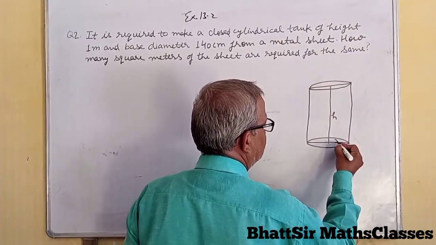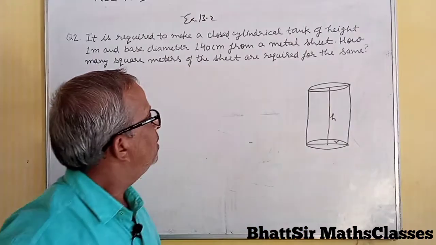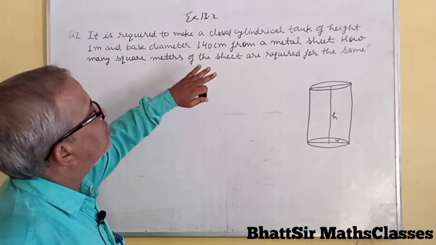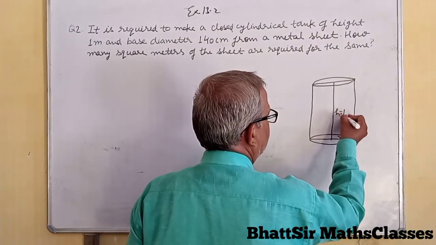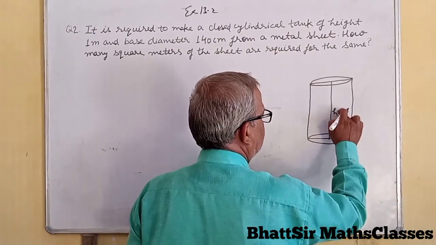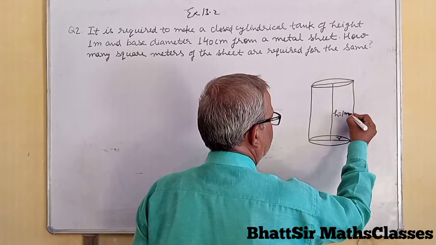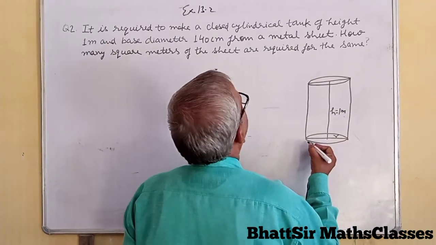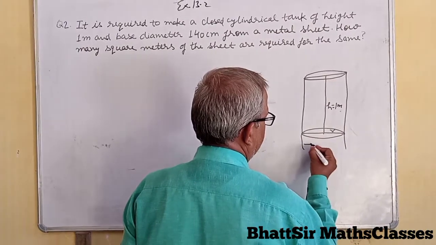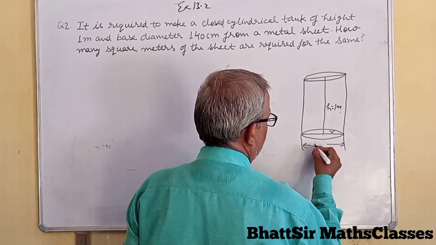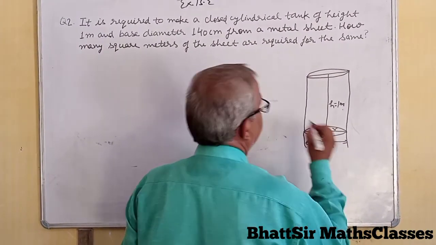It is the h, it is the r. Tank of height 1 meter and diameter 140 centimeter.